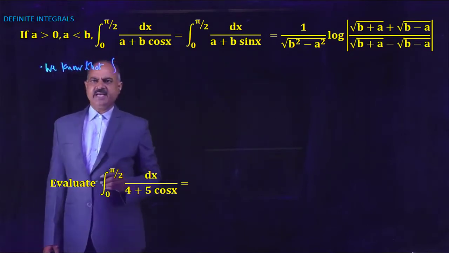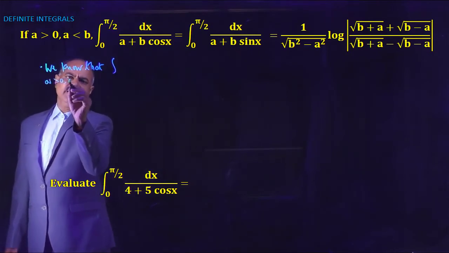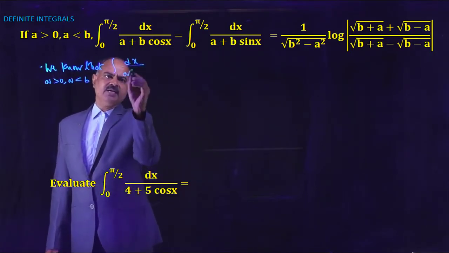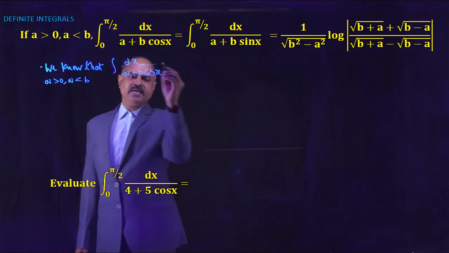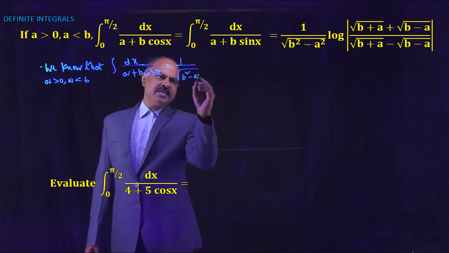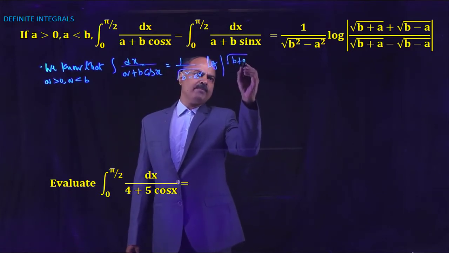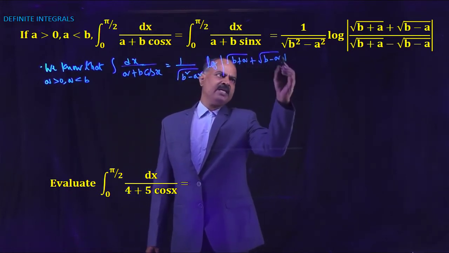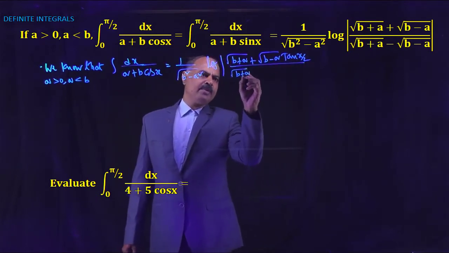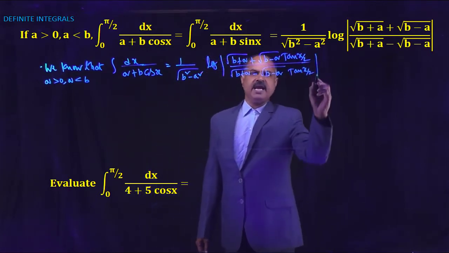if a > 0 and a < b, integral dx by (a plus b cos x) equals 1 by root over (b square minus a square) into log modulus of (square root of (b plus a) plus square root of (b minus a) tan x by 2) divided by (square root of (b plus a) minus square root of (b minus a) tan x by 2).